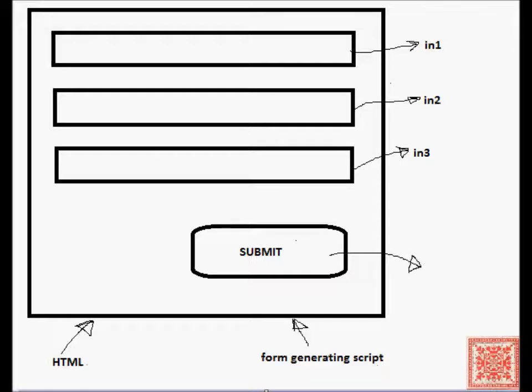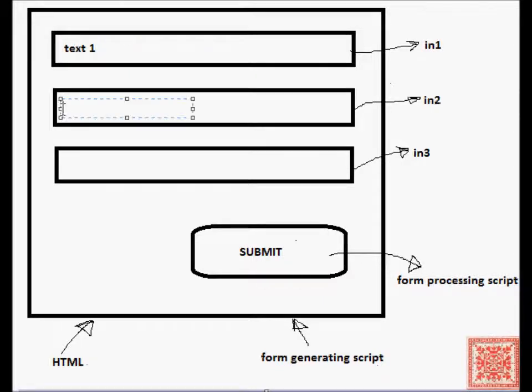Now, what happens when the user actually types in these inputs and presses submit? The CGI server will invoke the form processing script that we will associate with the form. So that's another critical component of form processing.